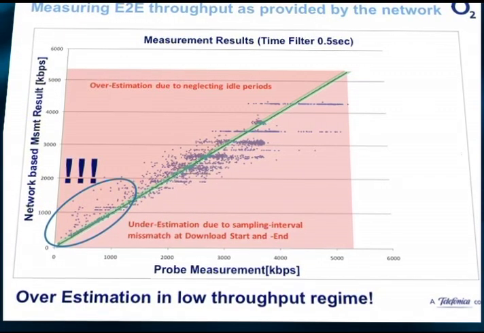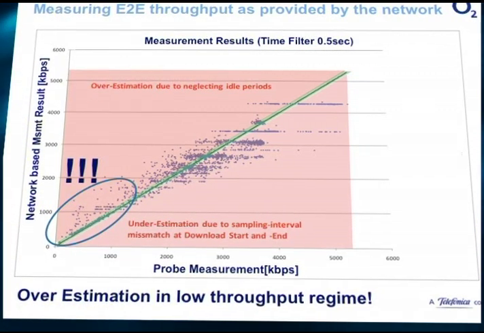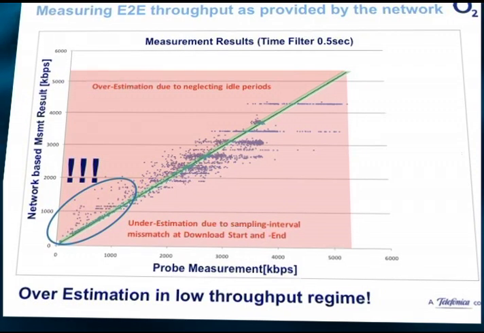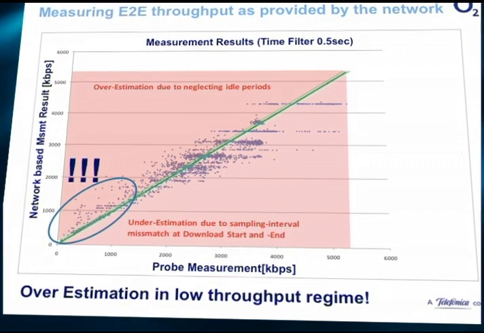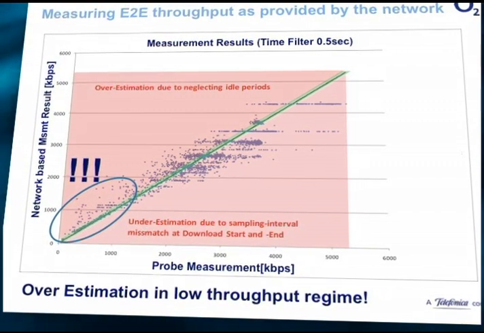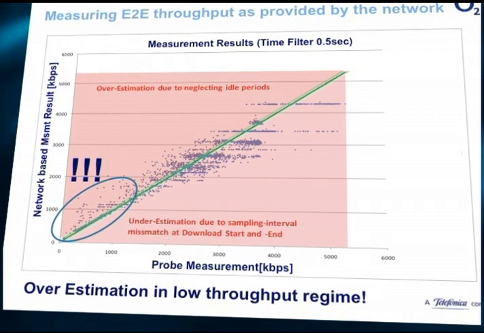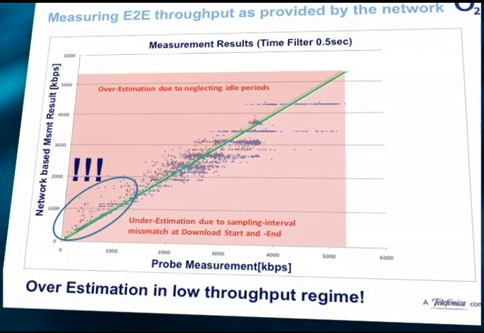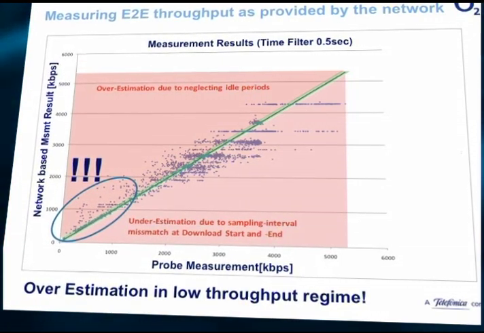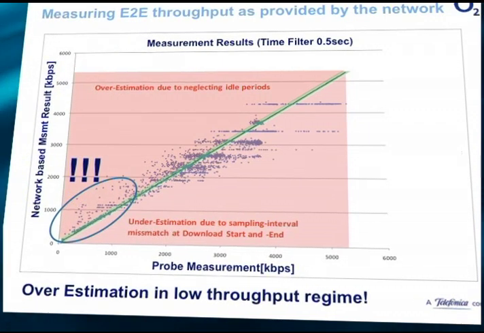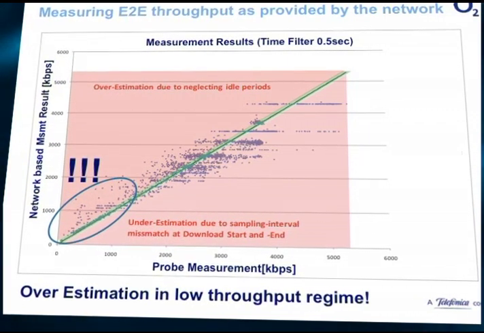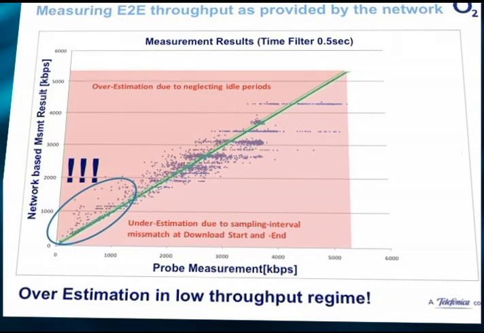The first reason is clearly that this fixed time interval is not accurate enough. The real download time differs considerably. Therefore, you get, in general, an underestimation of throughput. But the overestimation cannot be explained with this. The overestimation is mainly due to the nature of these idle times.